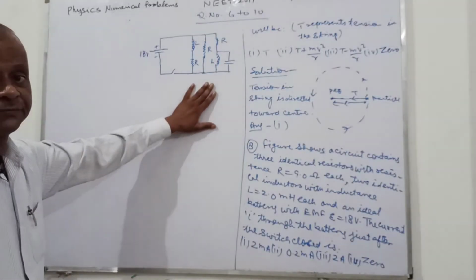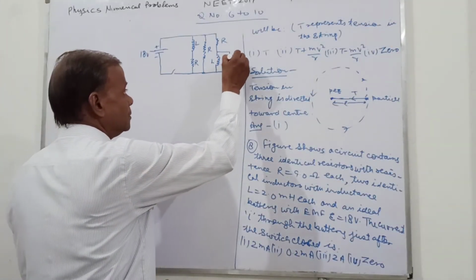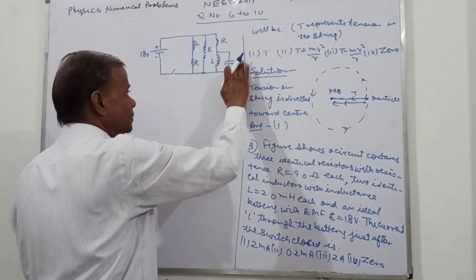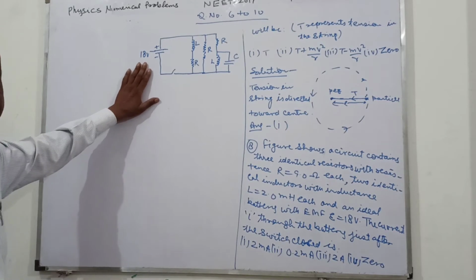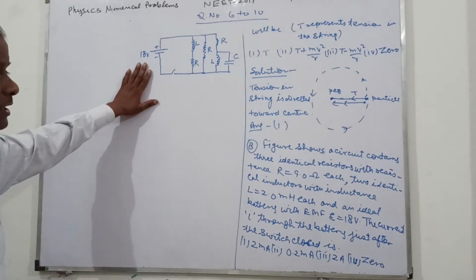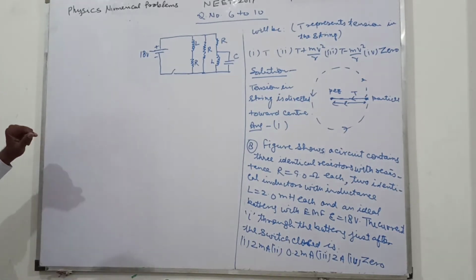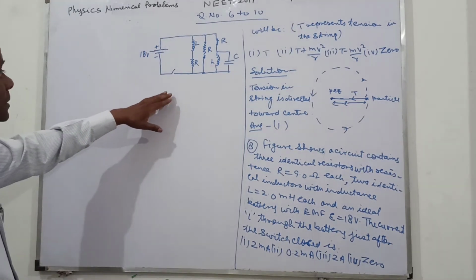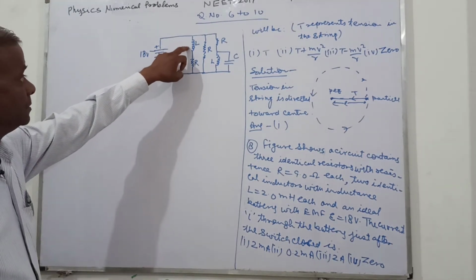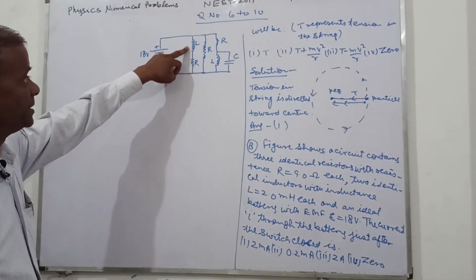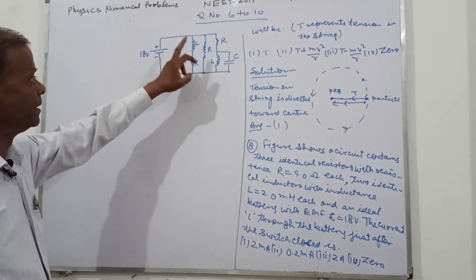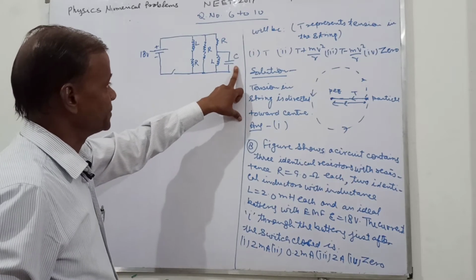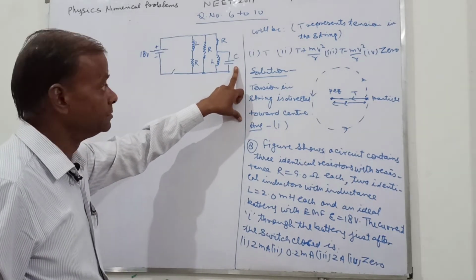Now if you see the figure, you will find that this is the DC source. So in case of DC source, the inductive reactance of this inductor will be 0, and that this capacitance will be infinite.